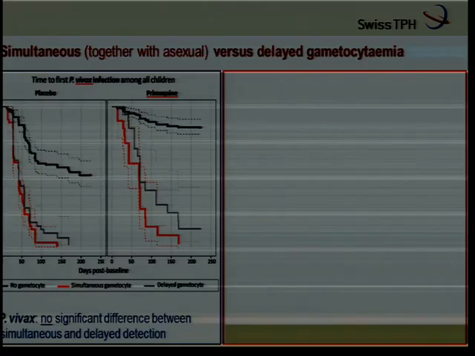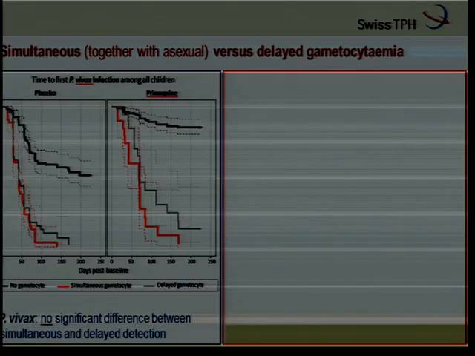So we also were interested to see whether there was a delay in parasite infections, whether gametocytes appeared a little bit delayed or together with the Plasmodium vivax infections. So this graph shows us again that the black curves are the ones you have seen before.